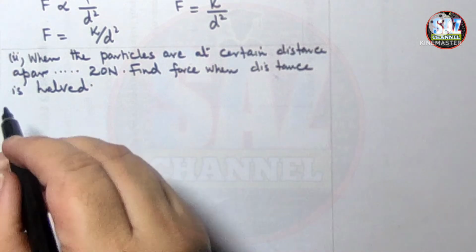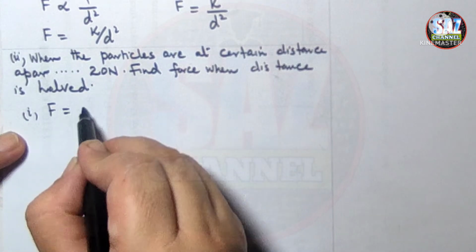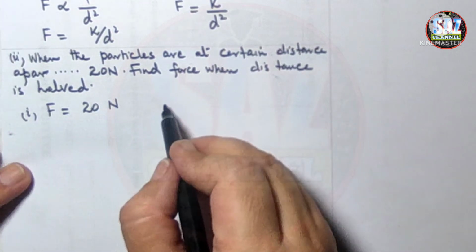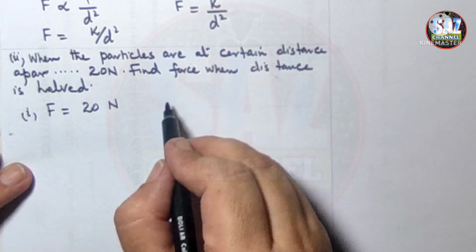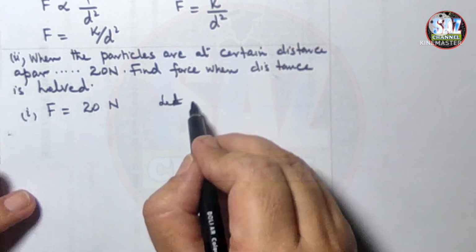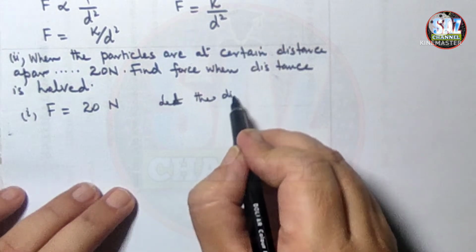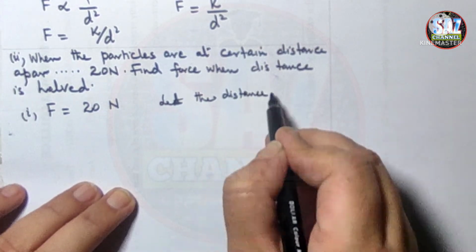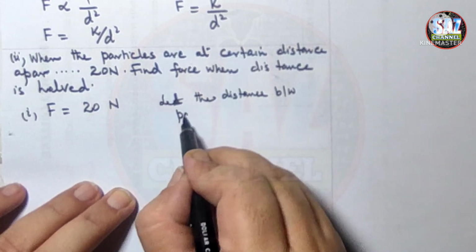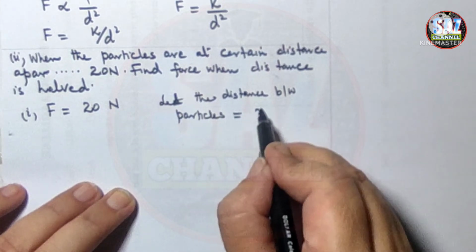For the second part, the force is 20 newtons, which is given, and let the distance between the particles be x meters.